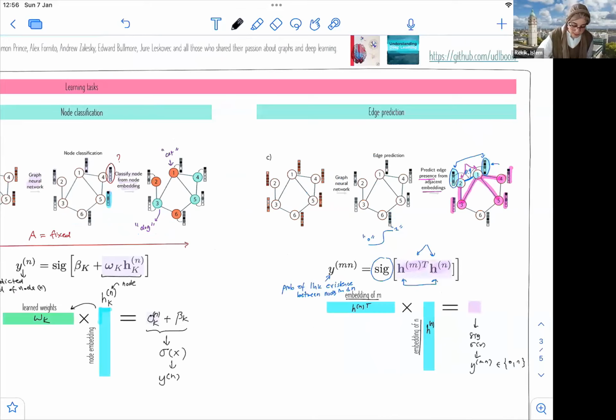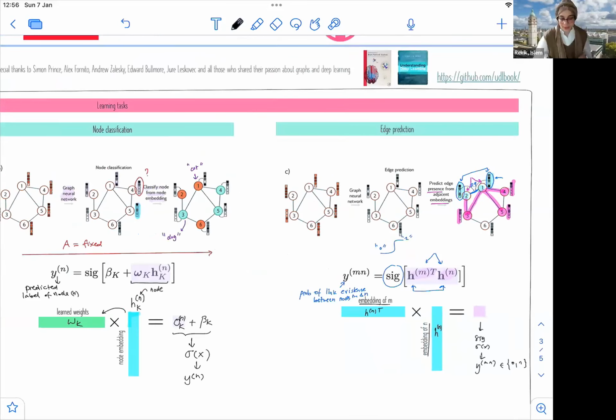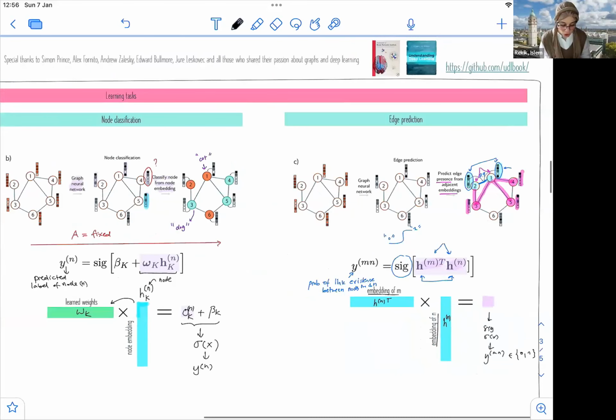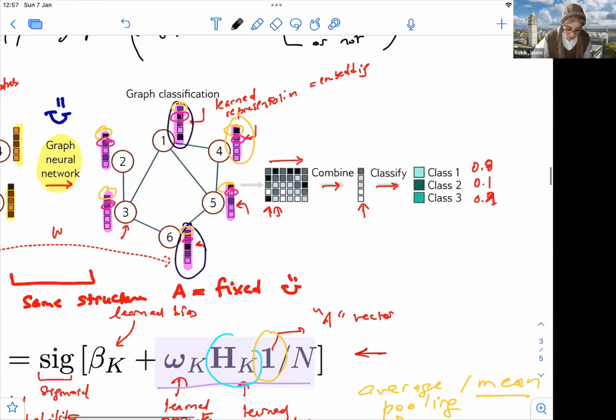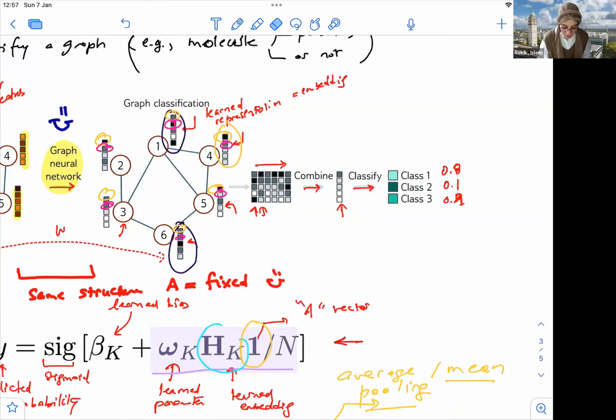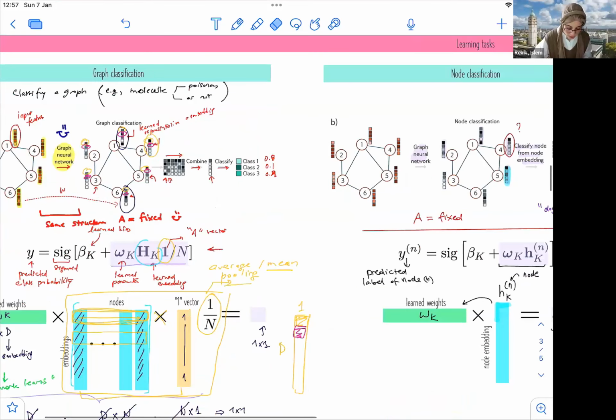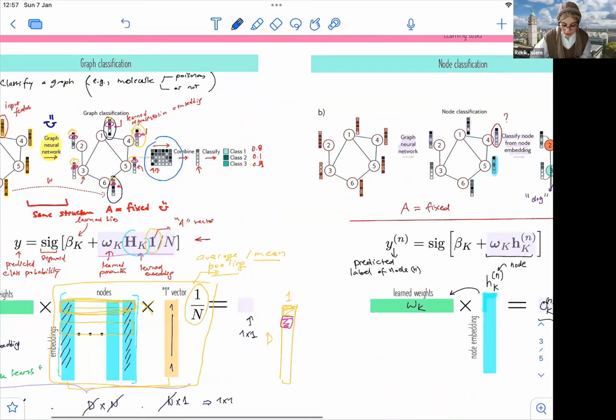So you guys can see that all these problems, all these learning tasks, share one key component. And that key component is these embeddings. How are we going to learn these embeddings? How to represent each node. Because if you're going to classify a graph, you're going to use the embeddings of all nodes.